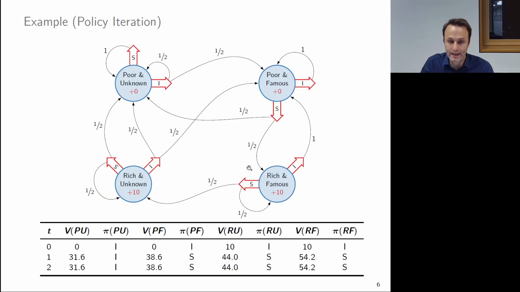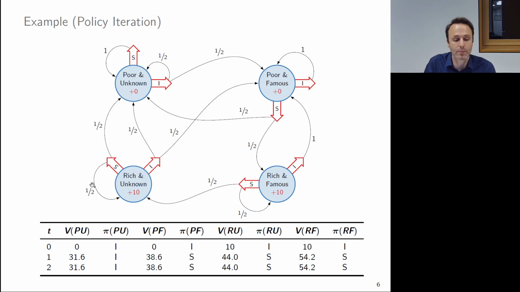Now, looking at our example where we were the startup that was poor and unknown and wanted to be rich and famous, we did the value iteration, and if you remember, we had to do many steps and get many estimates of the values for each state in order to find the optimal value of these states and the optimal policy. Now, we can also solve this with policy iteration.